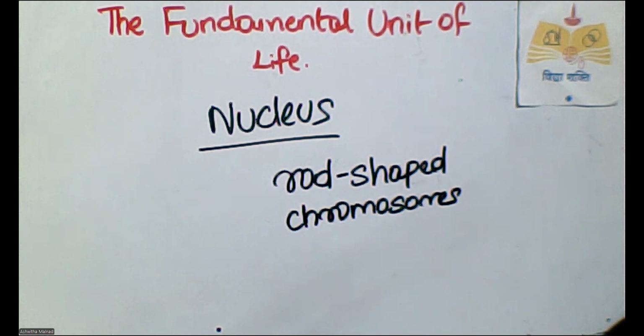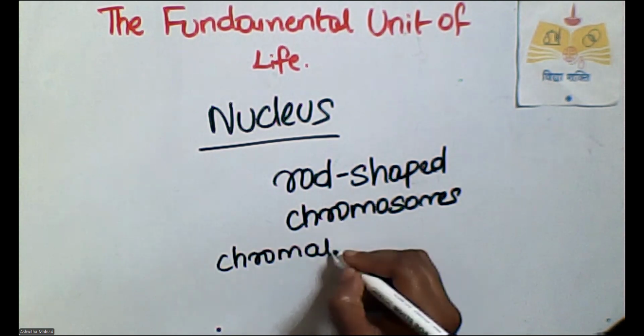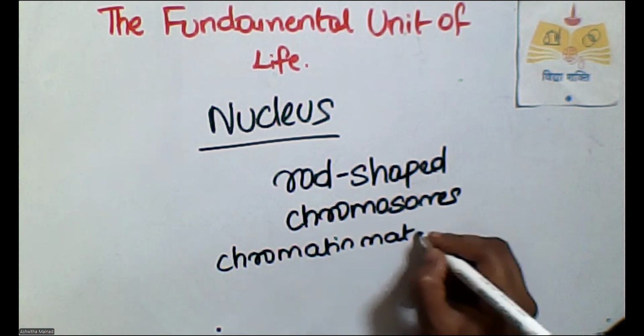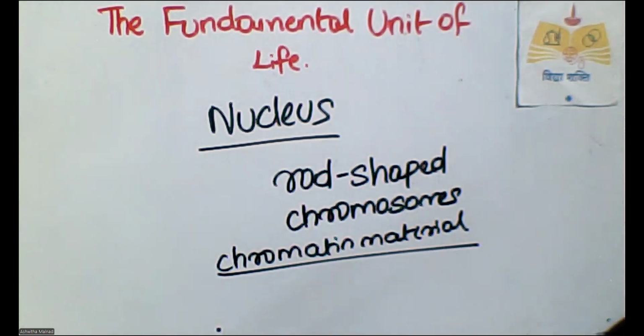Now let us have a deep discussion about this chromosome and chromatin material. Since you are in class 9, you just have a macro-level understanding of this chromosome or chromatin material, but when you head towards higher classes, you'll have a deeper level of knowledge. Since our Vidya Shakti not just concentrates on your academic knowledge, but also would like to enhance scientific thinking and scientific knowledge in you, we have a detailed discussion about this chromatin material.